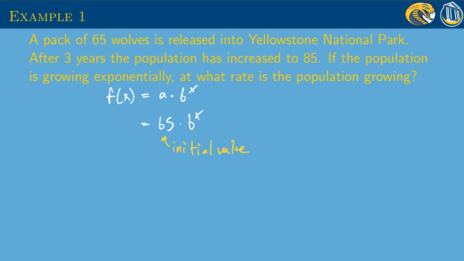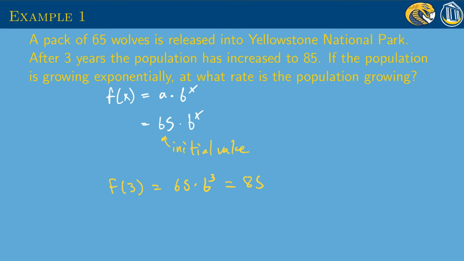So what we need to do is use the extra information given in the problem to write another equation. Specifically, we know that the population after 3 years, f of 3, is going to be 65 times b to the 3, and then after 3 years, this population will be 85.